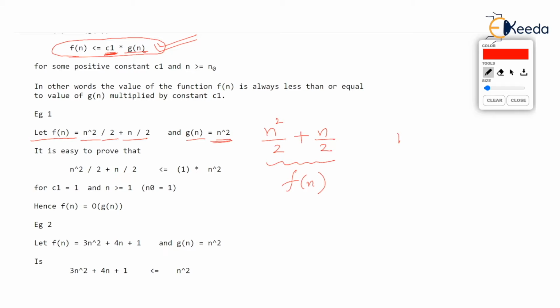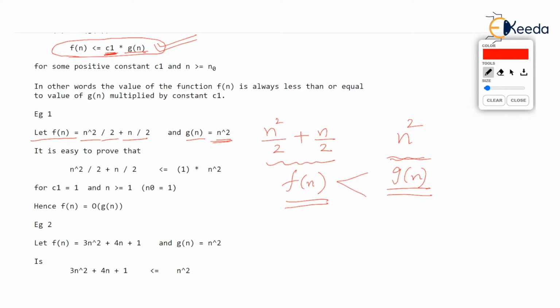This is g(n). Now first of all, you agree that f(n) is a function of n? Yes, clearly it is a polynomial of degree 2 and it is a function of n, and g(n) is also a function of n. Clearly it is a polynomial in n, having degree 2.